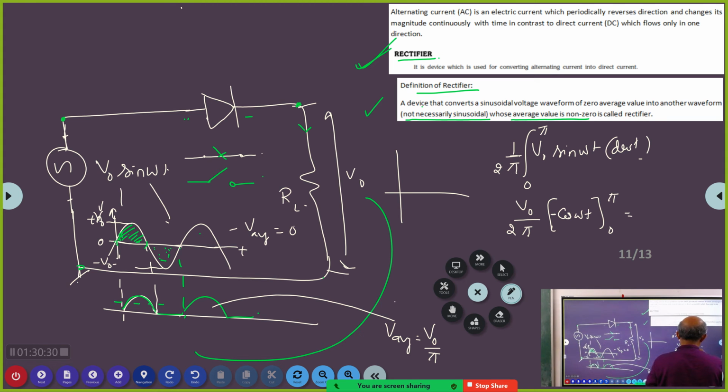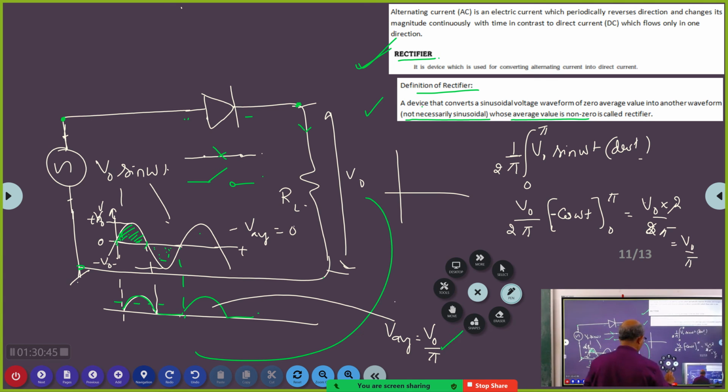So this gives you minus cos t from 0 to pi; minus into minus will be plus. So I will get here V naught into 2 by 2 pi. 2 will be cancelled. So we get here V naught by pi. So V average value will be V naught by pi.